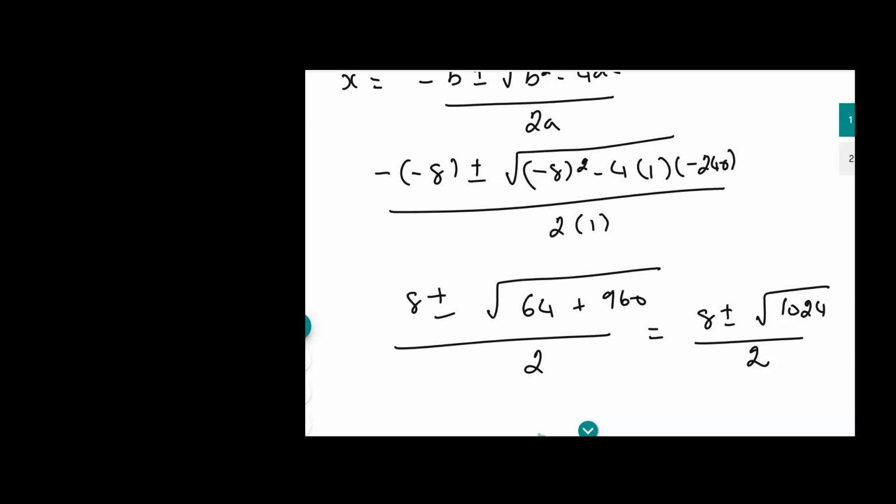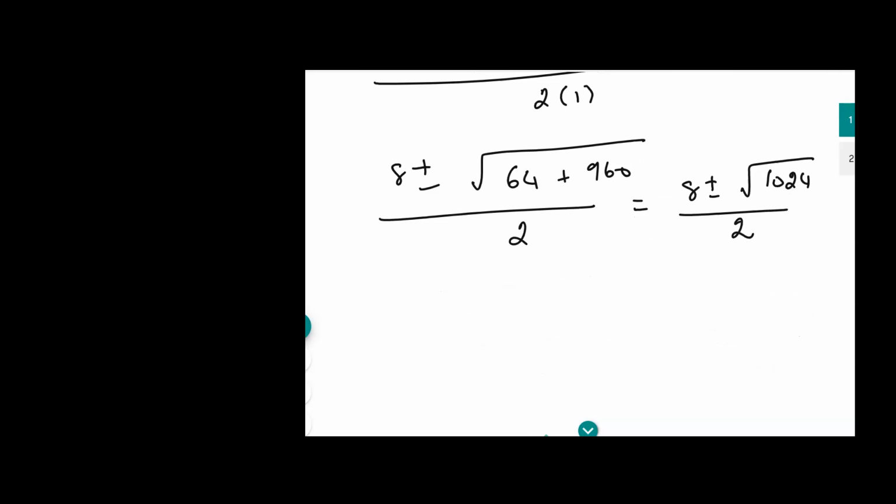But root of 1024 we know is 32. So 8 plus or minus 32 by 2.